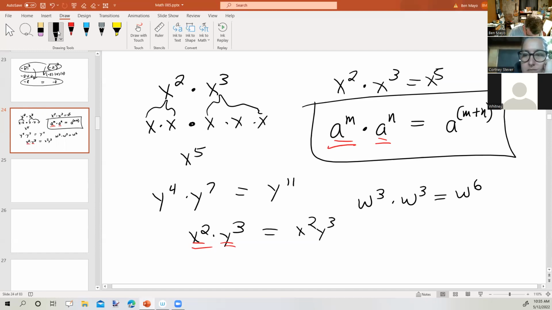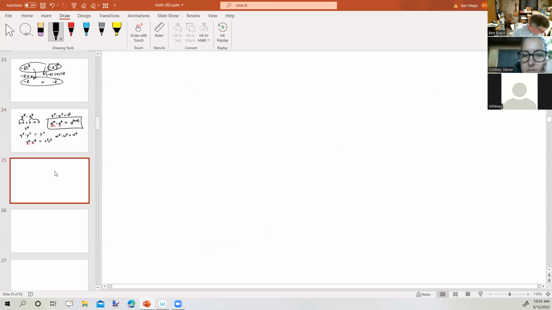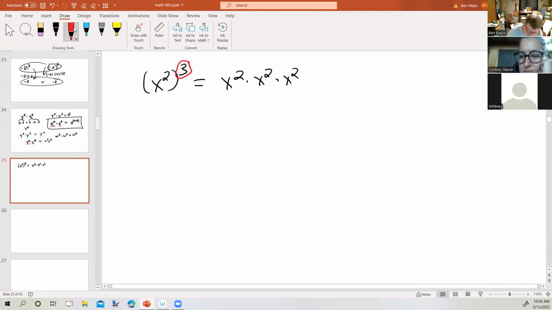All right, let's take a look at another rule. Let's say you've got a power raised to a power. If we expanded this, that would be x squared times x squared times x squared, because we've got 3 factors of the base x squared.